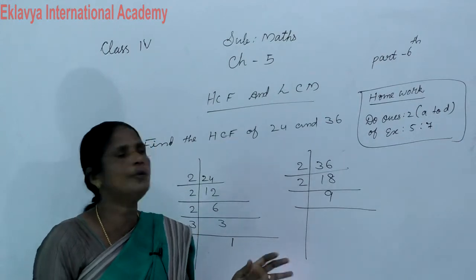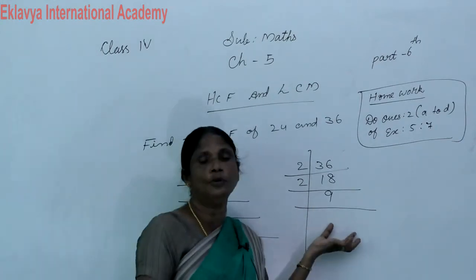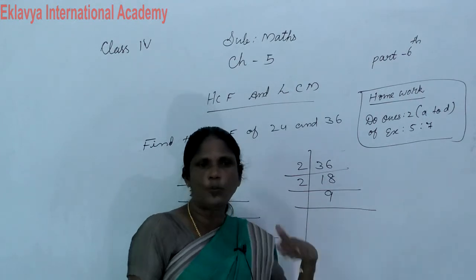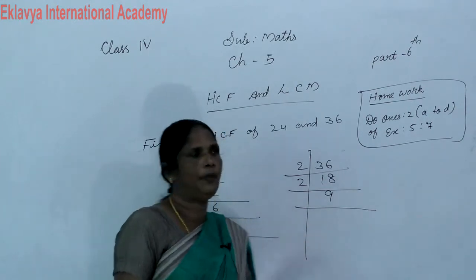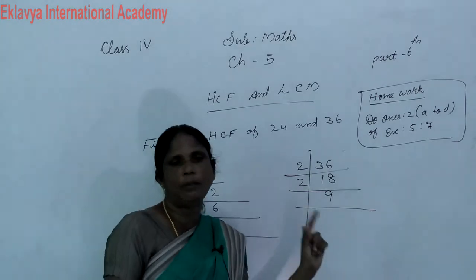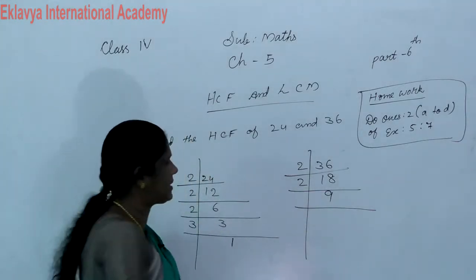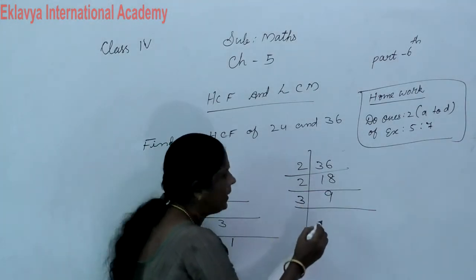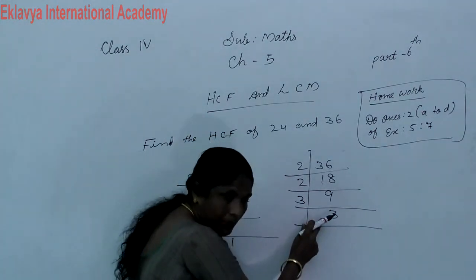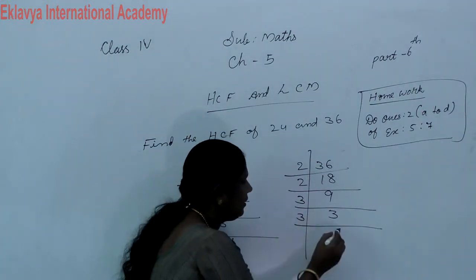No. You say the table of 2. Does 9 come in the table of 2? No. The next prime number is 3. Then you check if 9 is divisible by 3. Yes. How many times does it go? 3 times. Again 3 is a prime number. This 3 again goes.